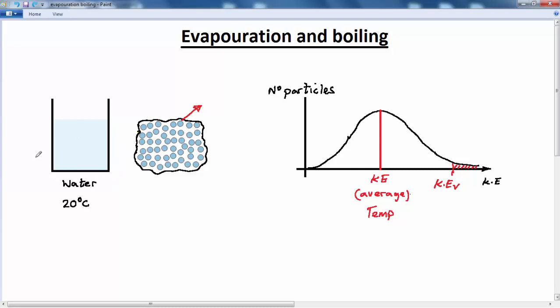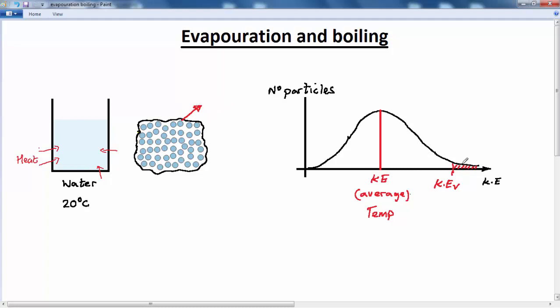Okay, so as a result, heat will start to flow from the surroundings back into the liquid, the water, until the temperature of the liquid is the same as the surrounding temperature. In other words, this distribution will re-establish itself again. So we'll get some more particles at this top end of the distribution with enough energy to escape from the liquid state.